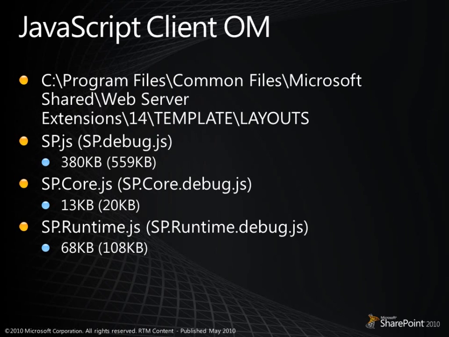We can access this from the browser side using the underscore layouts URL. There are also separate debugging versions available, which enable and help developers to walk through the code more easily. As you can see from the slides, there are quite a few differences in the sizes of these debug and optimized versions.